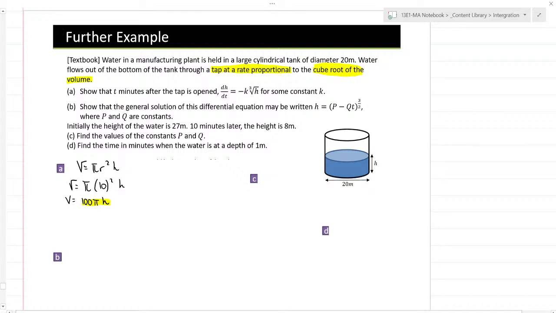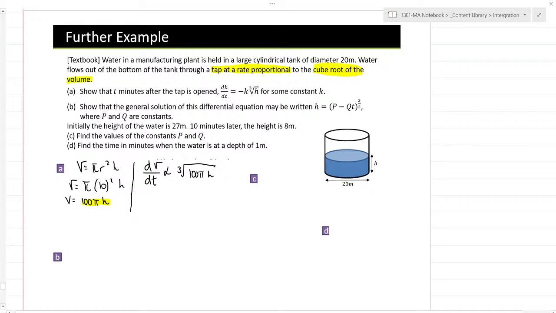So water flows out the bottom of the tank at a rate. We're thinking about the volume and how it leaves the tank. So our volume dV by dt is proportional to the cube root of the volume. So it's going to be the cube root of, in this case, 100 pi h.